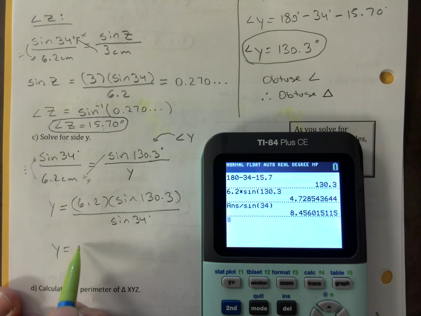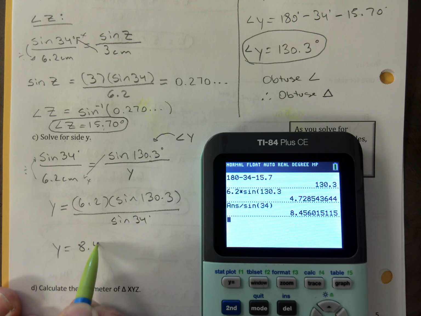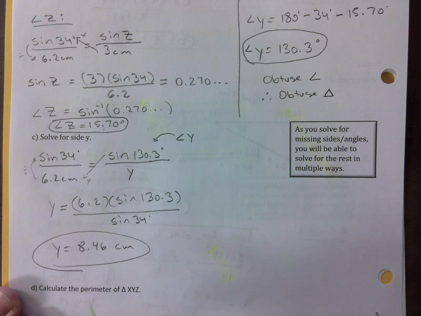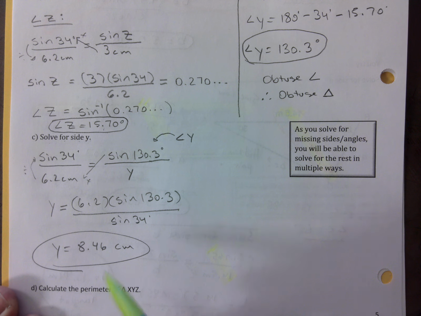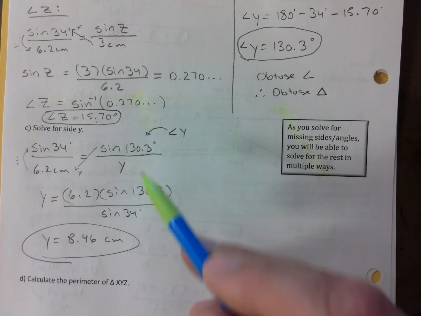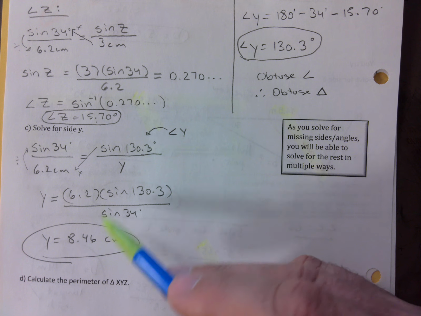So what you want to practice is notation, right? Especially when it's solving angles. 8.46, and we are in centimeters. It's a side length, right? Does it make sense for it to be 8.46? It's the longest side. It's across the largest angle.